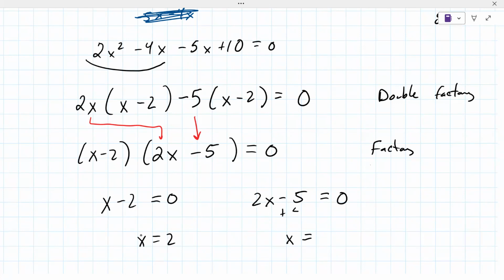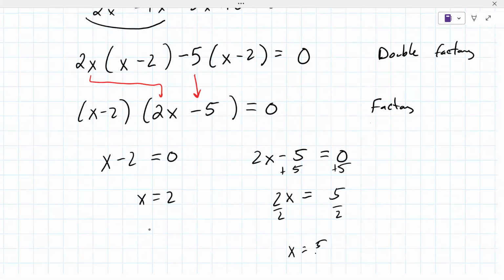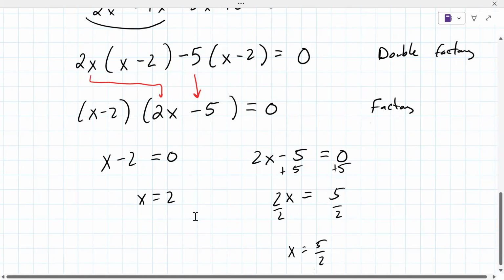So you'd add 5, right? 2x equals 5, and then divide by 2. x equals 5 halves. And that's zeros for that one. Yep, those are the answers.